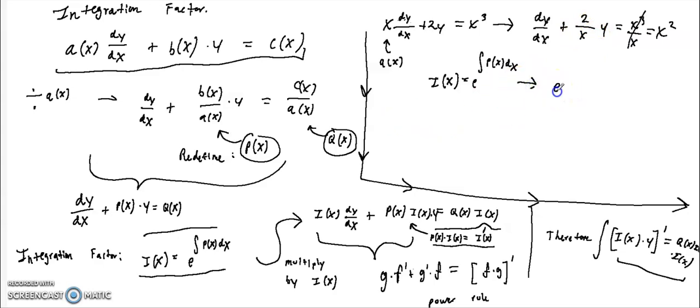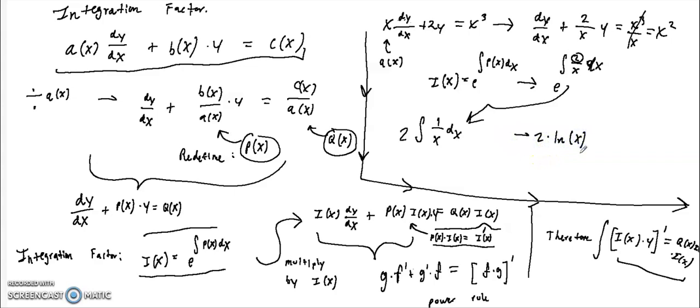So let's solve that. And what I want to do is just take out this constant. So let's just move it down here. And we know that the integral of 1 over x is just ln of x. So we get 2 times ln of x.